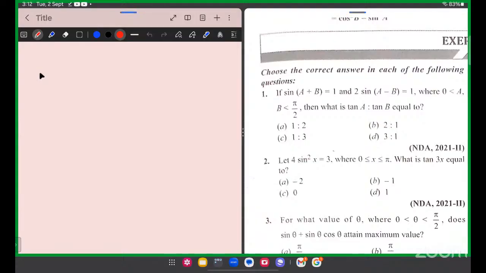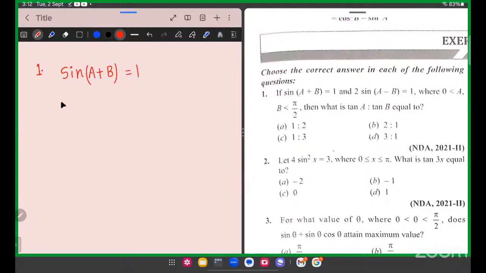Question number 1. What is given in the question? Sine A plus B is equal to 1, right?